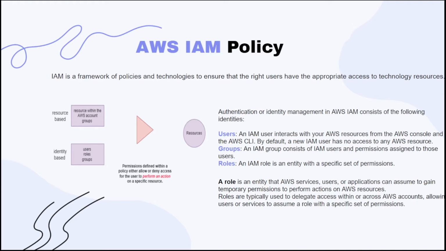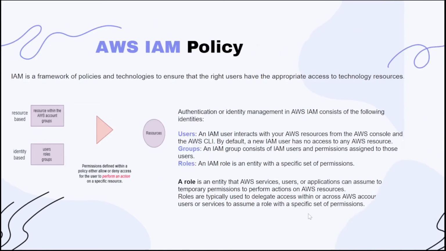A user is someone we give the permission, we give the policy. A group is also like users. But a role is an entity by itself. It has a specific set of permissions. We grant these permissions temporarily to some other identities or resources.